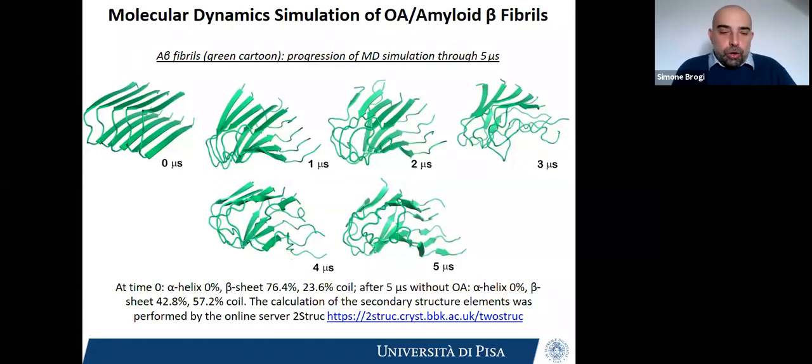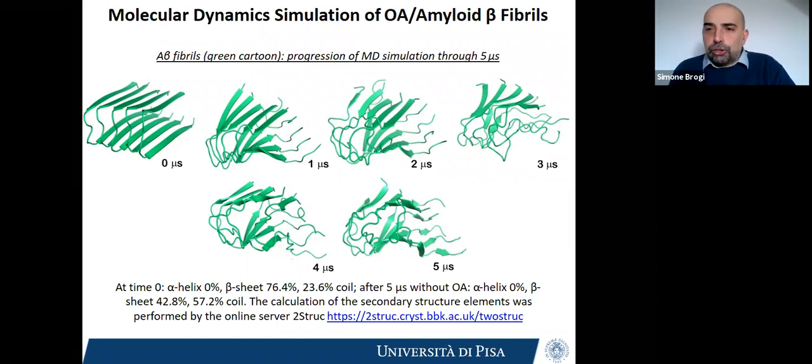So starting from the structure of amyloid beta and observing the trajectory for 5 microseconds, we observe that there is a general stability of the system and no destabilizing events, with the exclusion of a slight rotation of the pentameric structure for reaching a well-known conformation, namely the S shape.